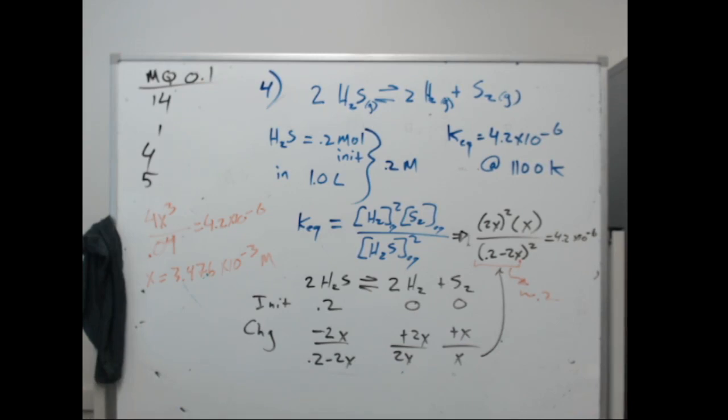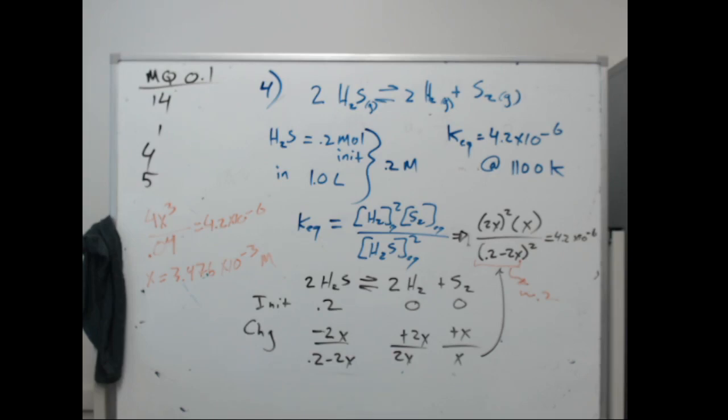So I'm doing a quick check in my head: if I multiply this by 10, it's still smaller than 0.2. So it's less than a 10% error. So that is how you would do it with the x is small approximation.